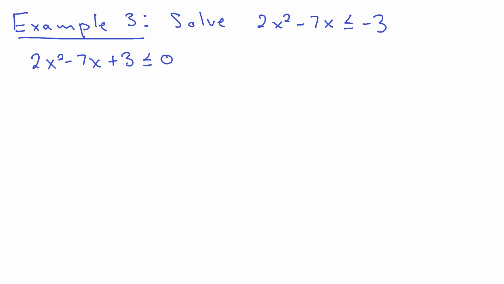So again, now this becomes a question of where is this positive, where is it negative, and we happen to want the negative part. And now we factor to 2x minus 1 times x minus 3. And we say, okay, then this can change sign.